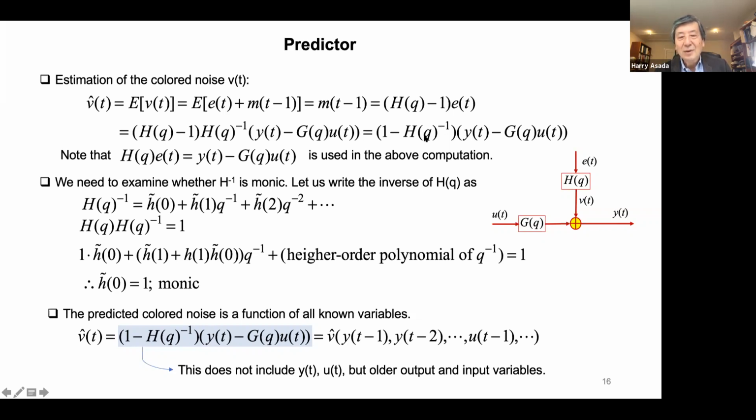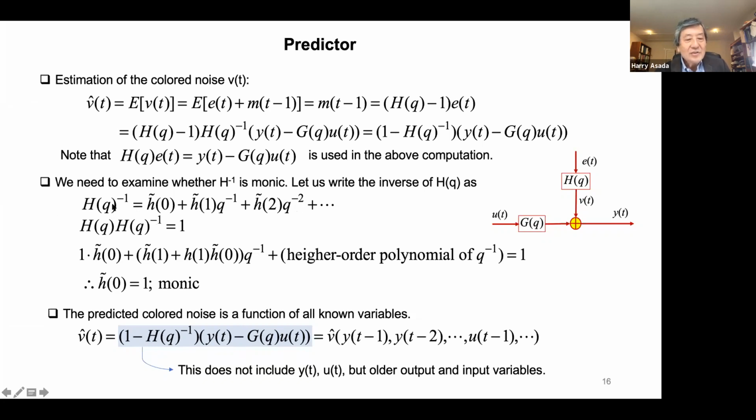That's very critical: whether we have to know y(t) to predict, or y(t-1), t-2, t-3 are the only things we need. So let's write this inverse H as something like this, an impulse response expression.